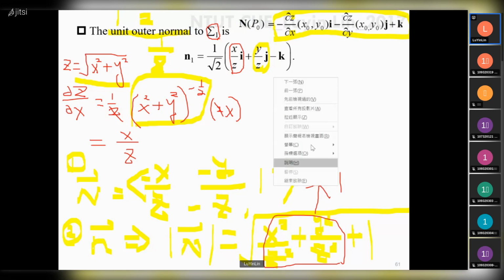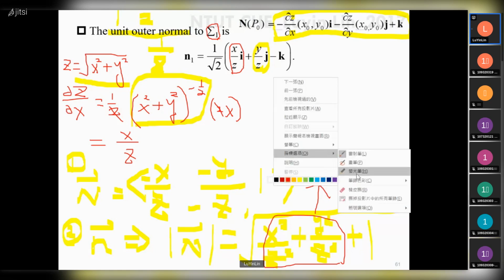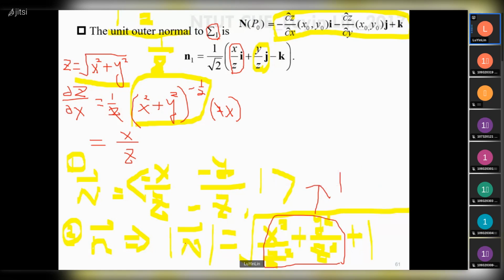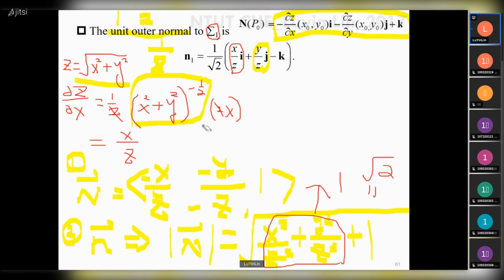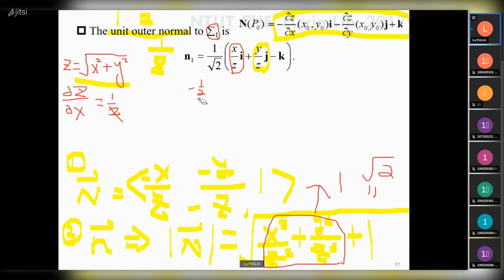So this one is 1. So that means the length of n is equal to square root of 2. Okay, so you know the length of n, so you can have a unit vector.